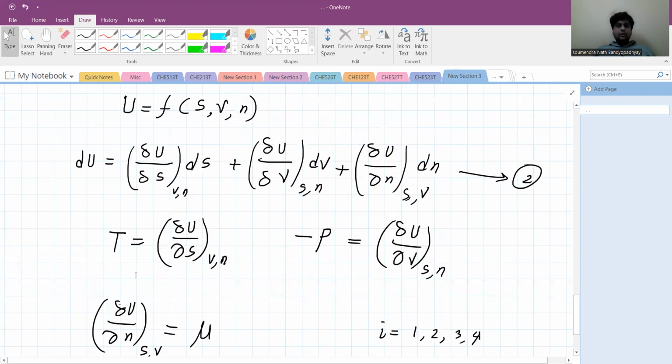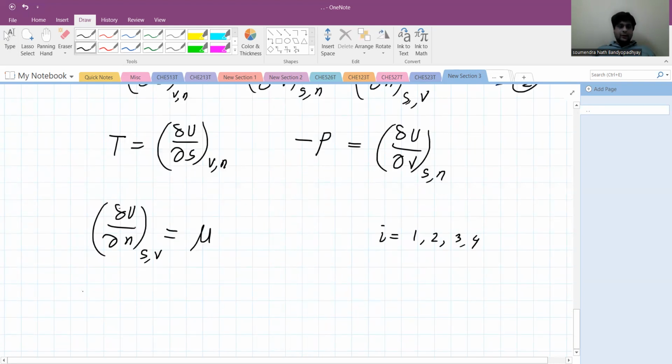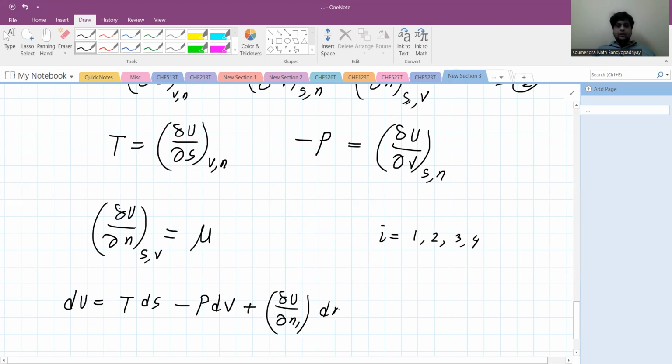So equation 2 can be written as dU equals T dS minus P dV plus del U del n1 into dn1, where S, V and the other components 2, 3, 4 are constant.